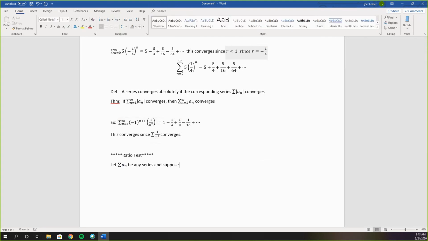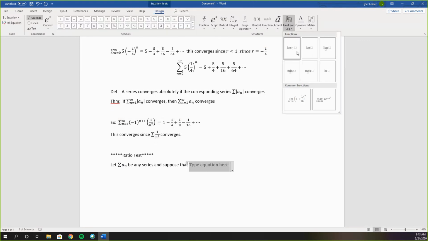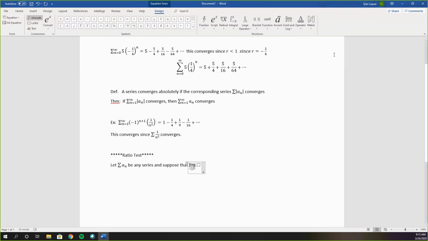And also suppose that we look at the special limit. The limit as n goes to infinity of the absolute value of a ratio, of course, because it's called a ratio test.